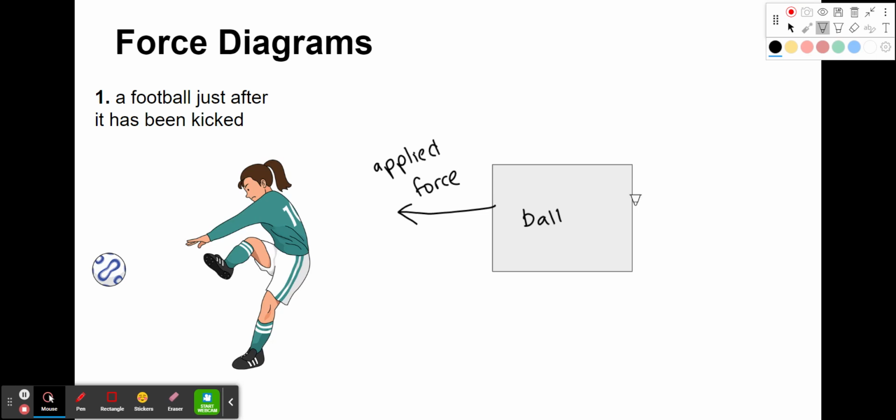And there may be just a tiny little bit of air resistance also acting on that ball. But this arrow is much larger than this arrow, so the ball will accelerate. It will move forward, accelerate. And we can say it will accelerate left, as I've drawn it here.